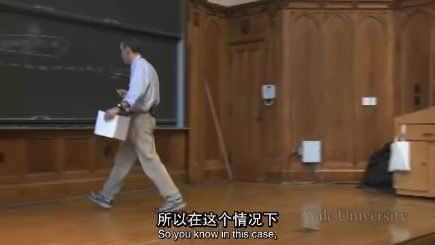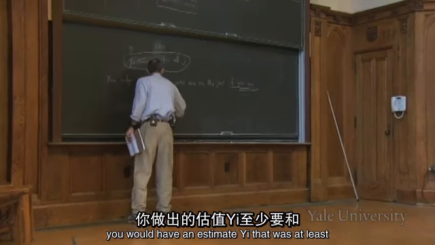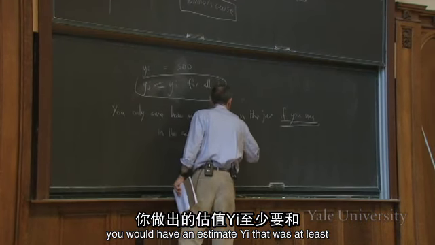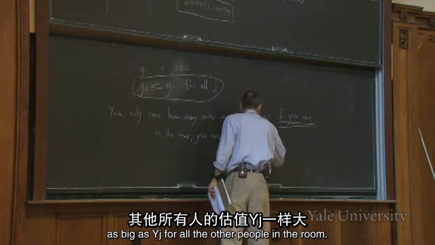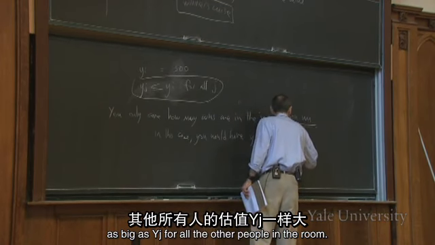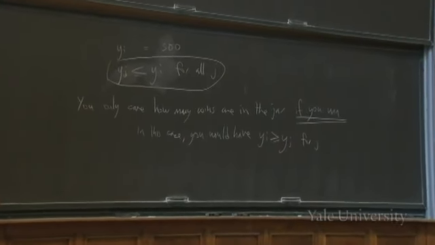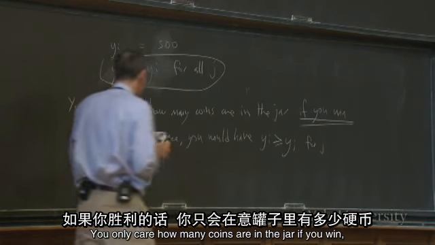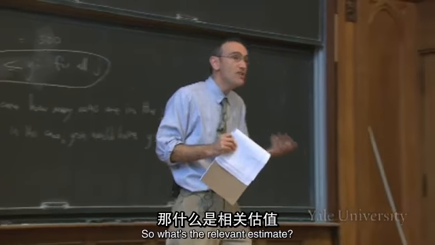So you know, in this case, you would have an estimate, yi, that was at least as big as yj for all the other people in the room. All right? So where are we? You only care how many coins are in the jar if you win, and if you win, you know your estimate was the highest. So what's the relevant estimate?